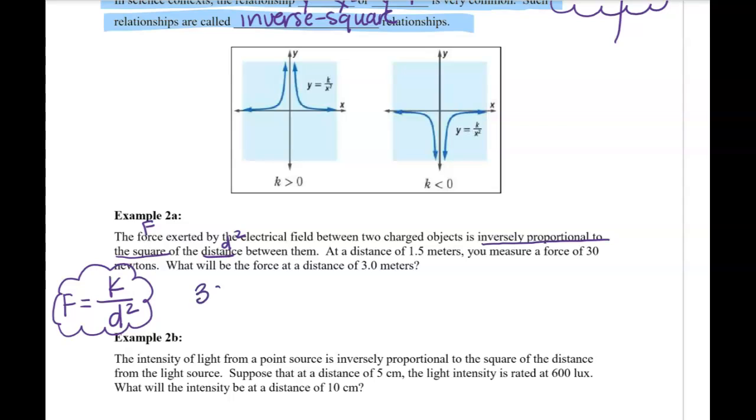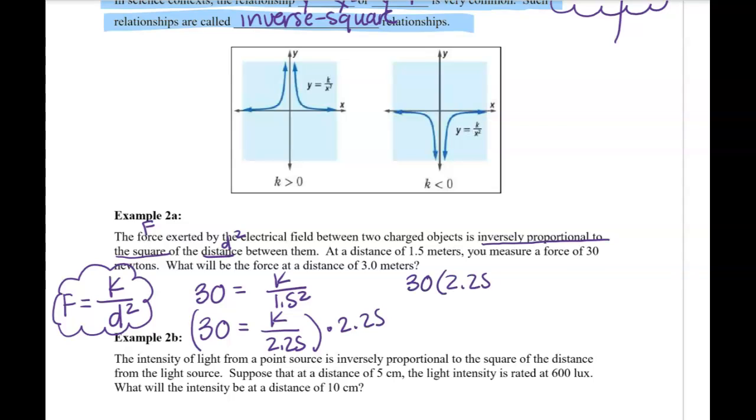So then 30 equals k over 1.5 squared. So 30 equals k over 2.25. And now to solve for k, we'll multiply by 2.25 on both sides. So 30 times 2.25 is k, because these will cancel on that side. So k is 67.5.